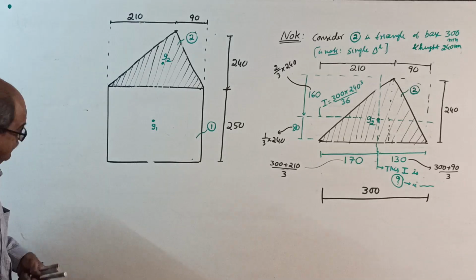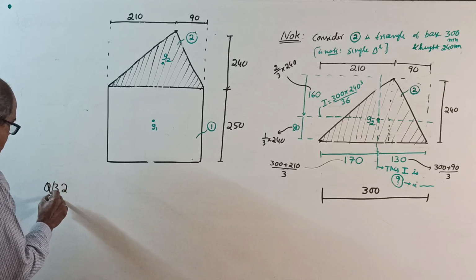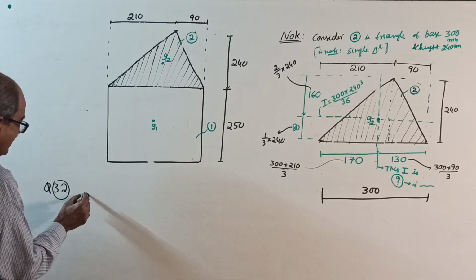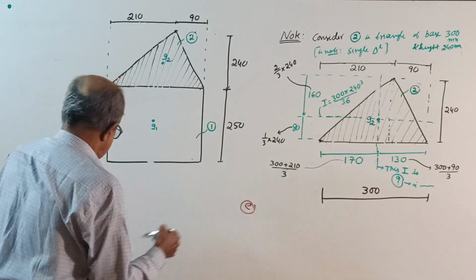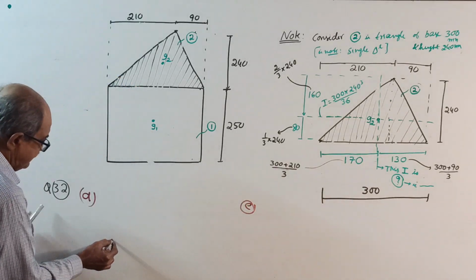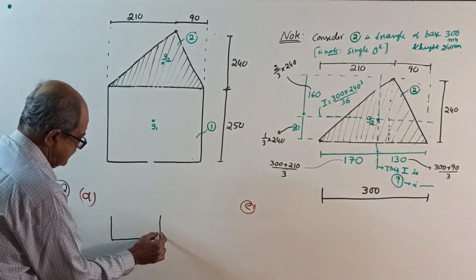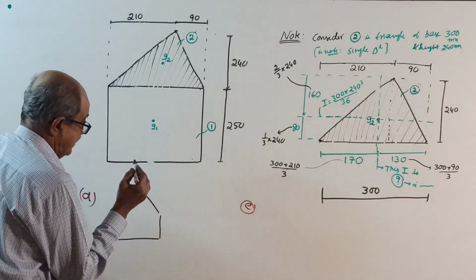Same question number 32. Question 32, D and E. See, D is like this. Roughly I will write, out of scale, this way.